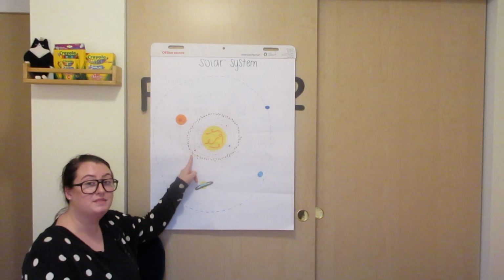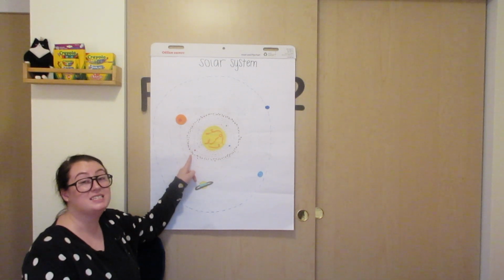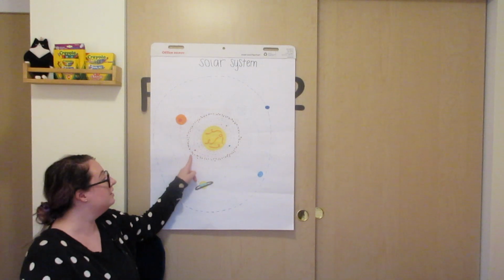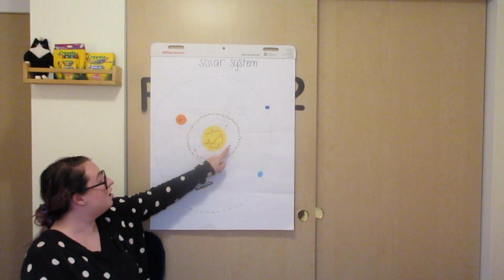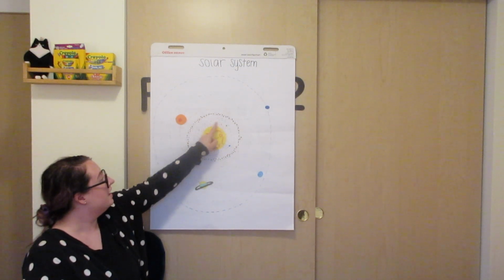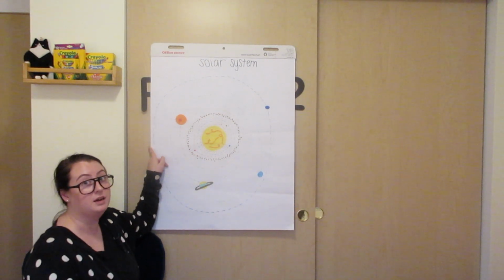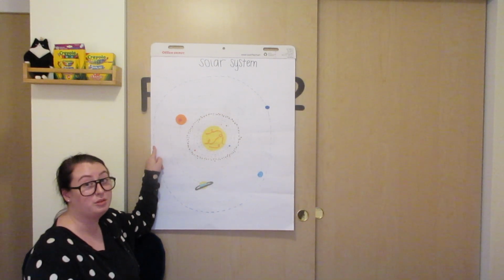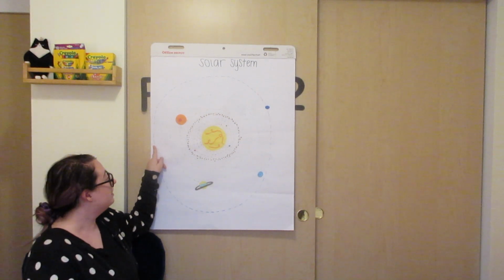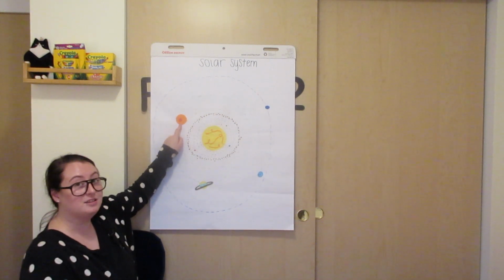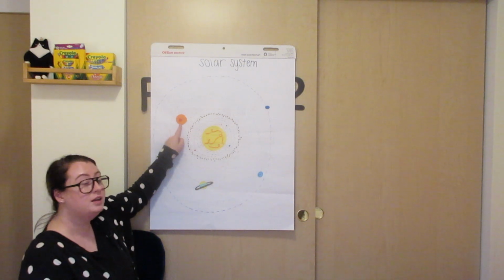Inside, we have smaller planets, and on the outside of the asteroid belt, the planets are much bigger, even bigger than the Earth. The first planet after the asteroid belt is Jupiter.